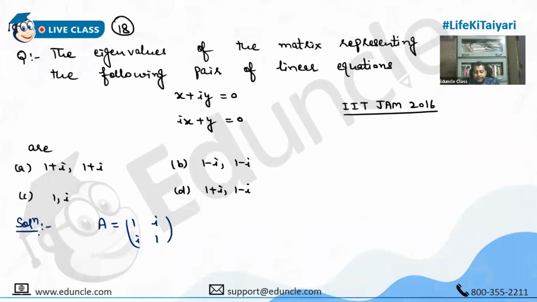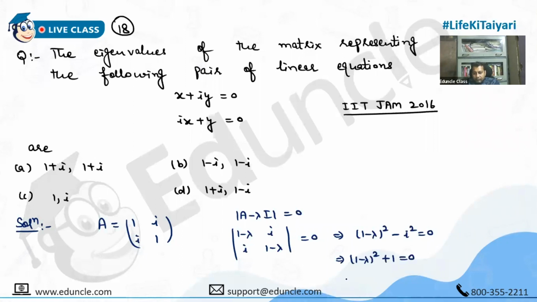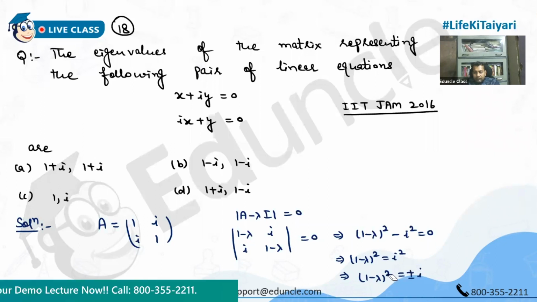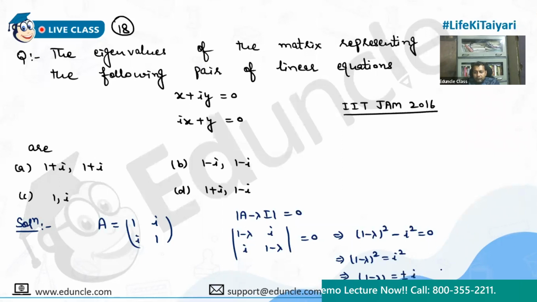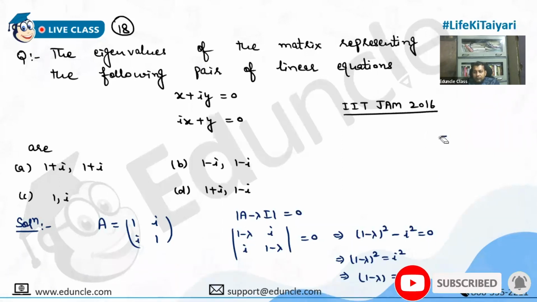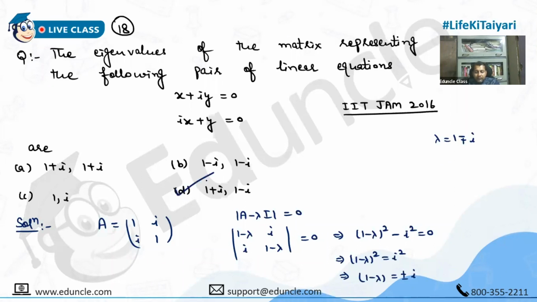This is the matrix. And 1 plus iota, na, D option, na. Please check. Yes, sir.